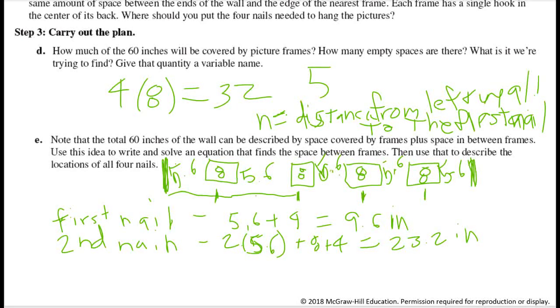And if I look at that, I actually added 13.6 to my 9.6.